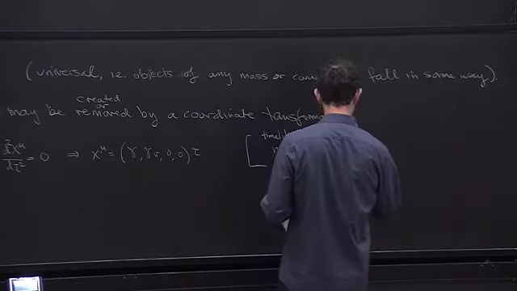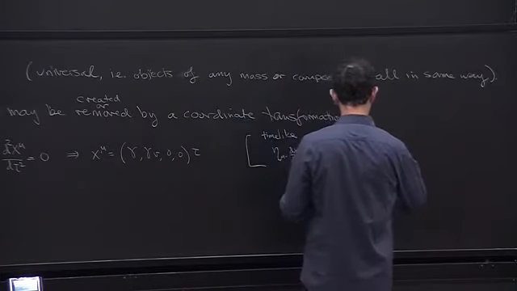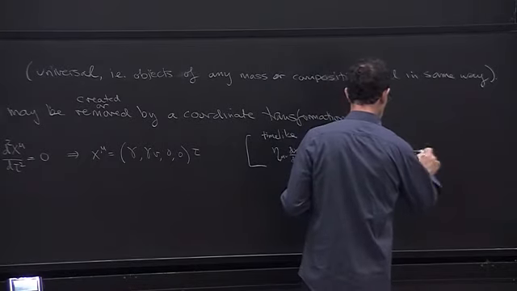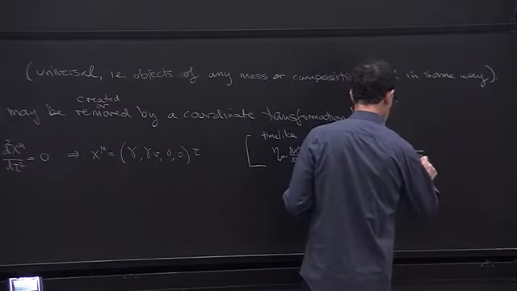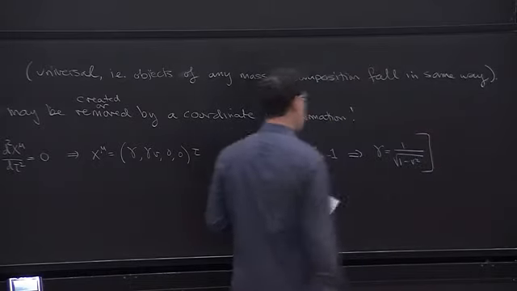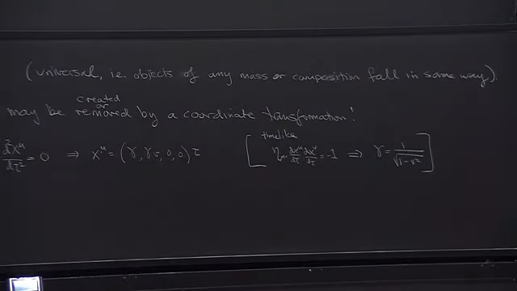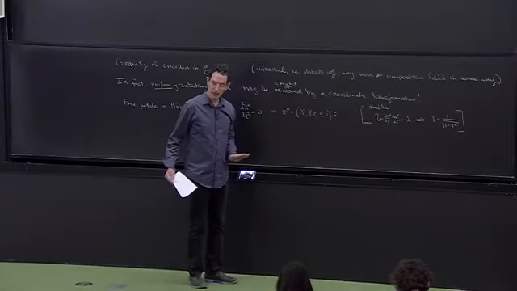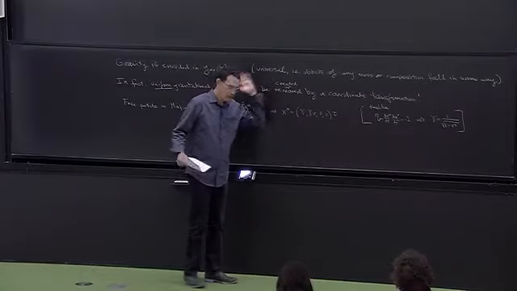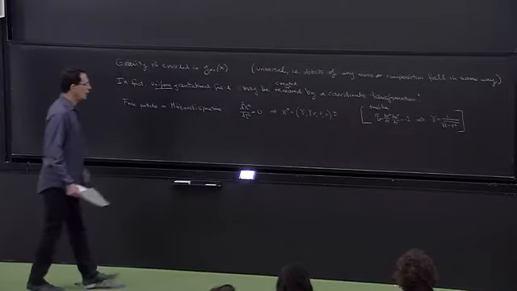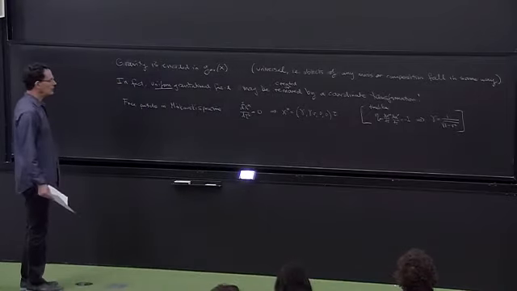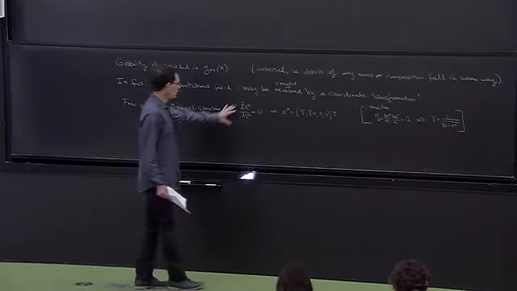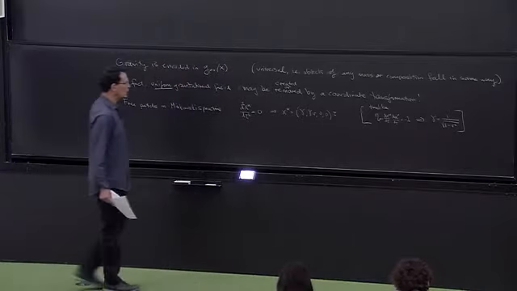And this forces us to the equation γ = 1/√(1 - v²), the usual formula. So this particle moving in a straight line in Minkowski spacetime, with no forces acting, is a solution of that equation of motion.